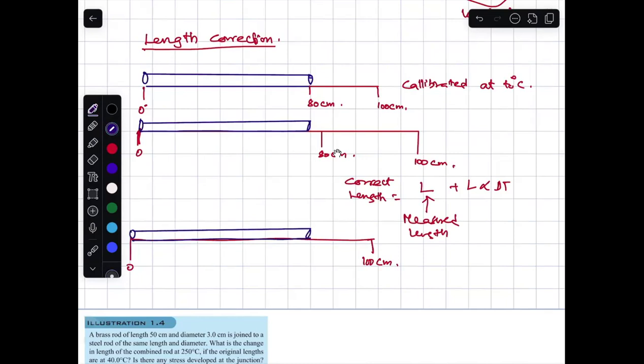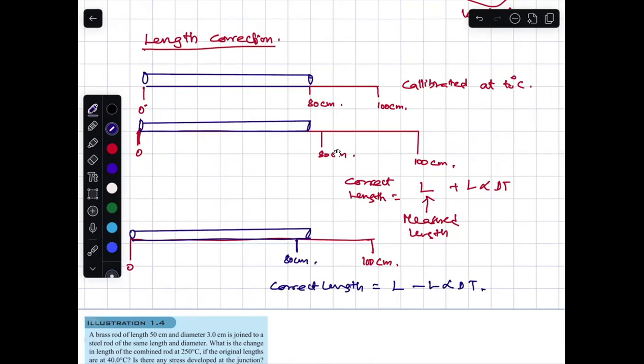But now the reading shows 80 centimeters here because of the contraction. Now again, correct length is equal to L minus L alpha delta T.